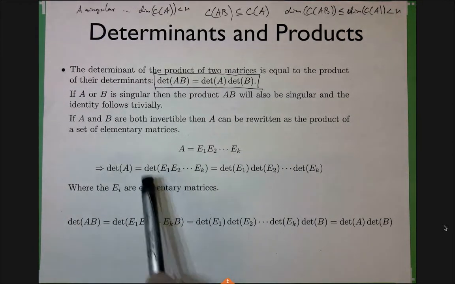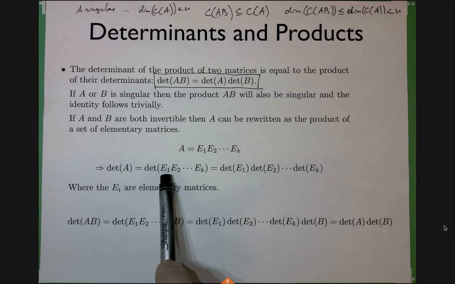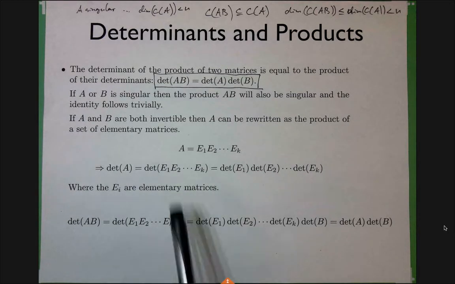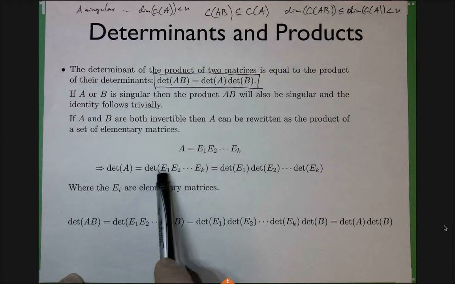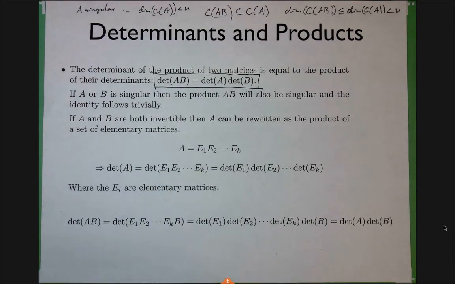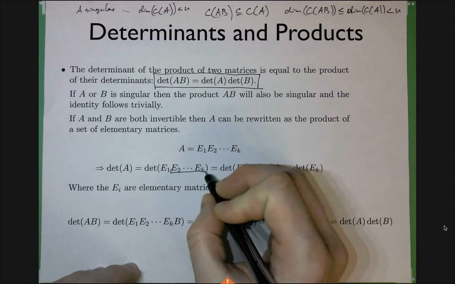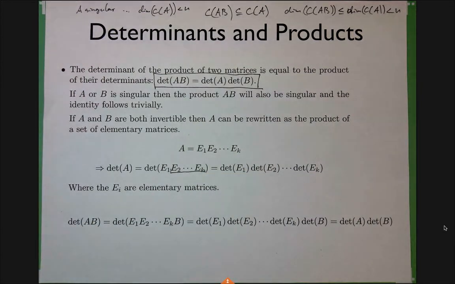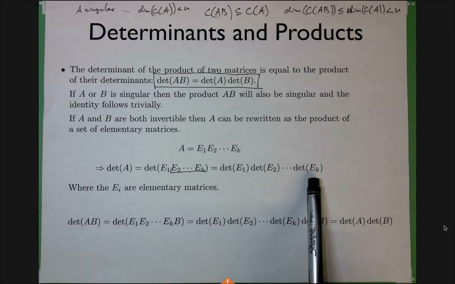Every elementary matrix corresponds to some transformation of the remaining matrix, and I can just pull out the determinant there. That corresponds to multiplying the determinant of the remaining matrix with the determinant of the first matrix. So I can write it out as the product of the individual determinants.